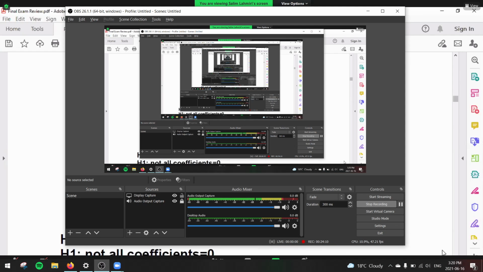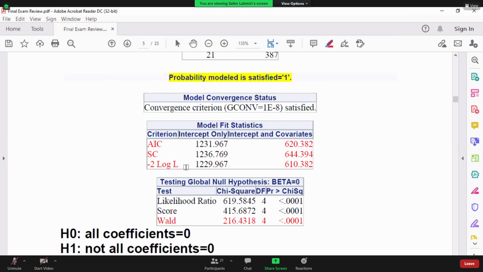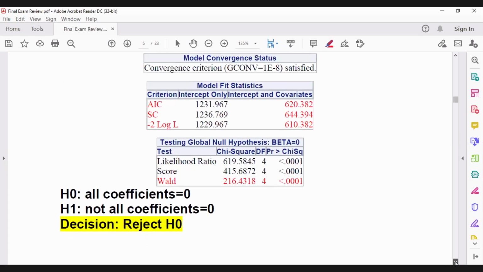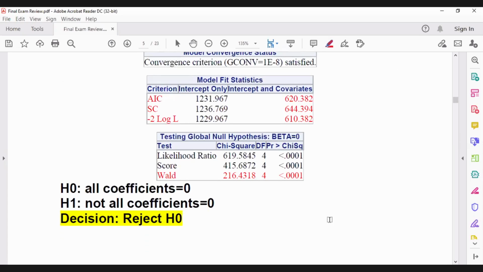Of course, we get Akaike, Schwartz, and minus 2 log likelihood. We got Wald. Let's look at Wald first. Wald is testing the null hypothesis that all coefficients of regression are equal to 0, against the alternative that not all coefficients are equal to 0.